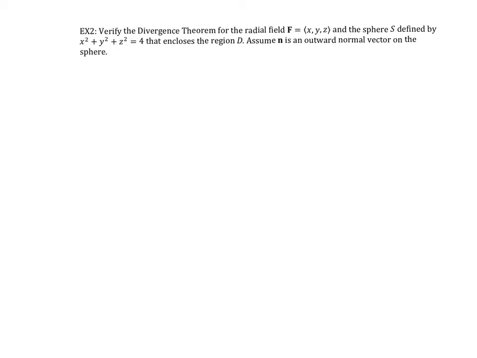Because remember, we do need an orientation which determines your vector. Since it says verify the divergence theorem, what that means is that we have to use both forms, both the double integral on the left and the triple integral on the right.